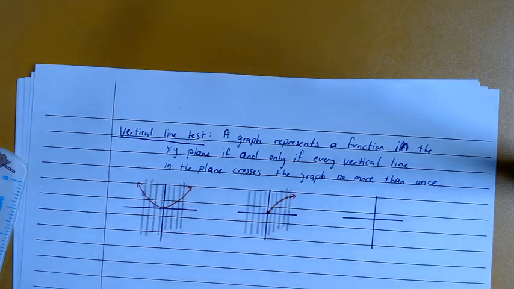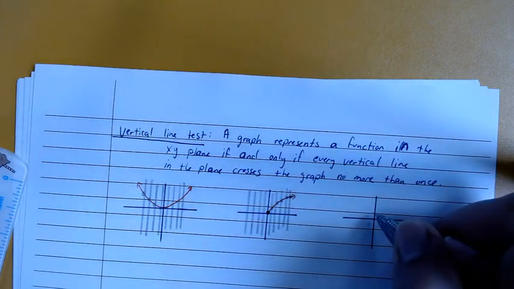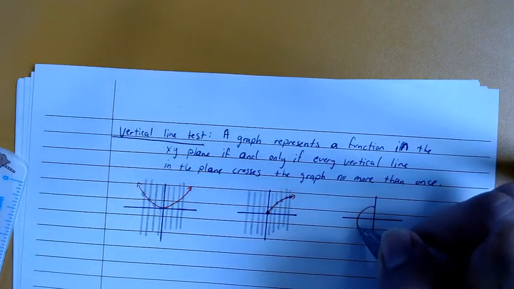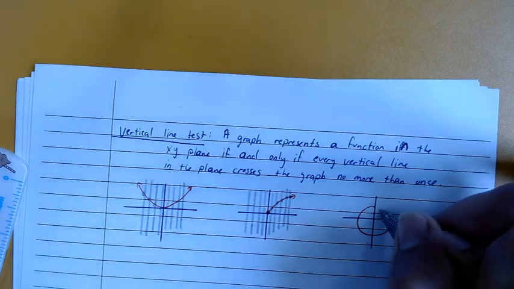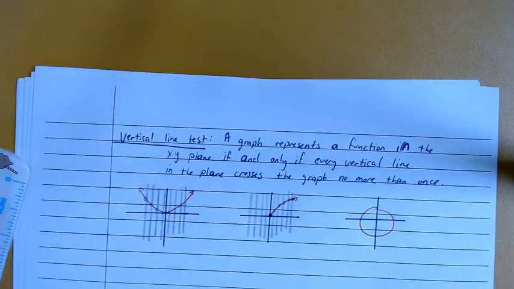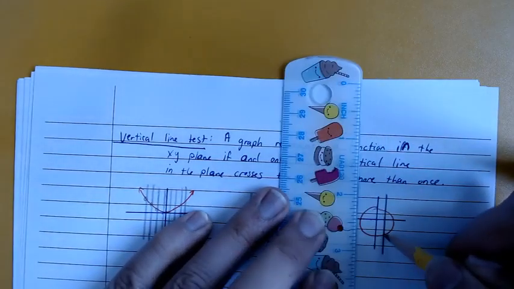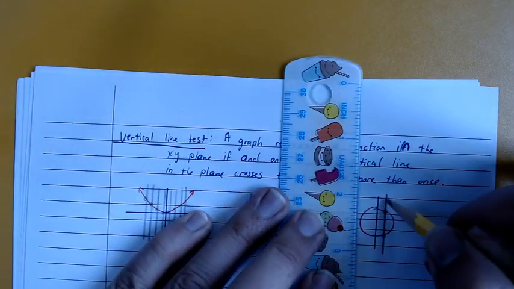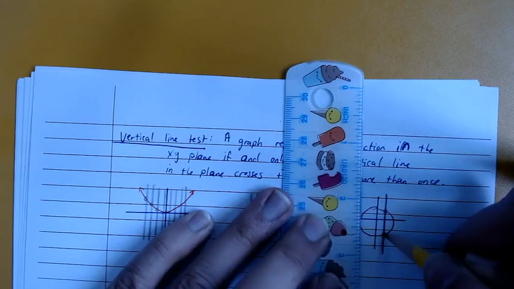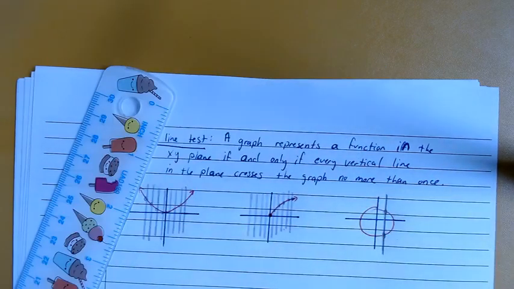So what does it look like if it's not a function? All right, well, there's a circle. Here, there's a vertical line that crosses more than once. All it takes is one vertical line to do this. If you can find other ones, okay, that's fine. But all it takes is one.